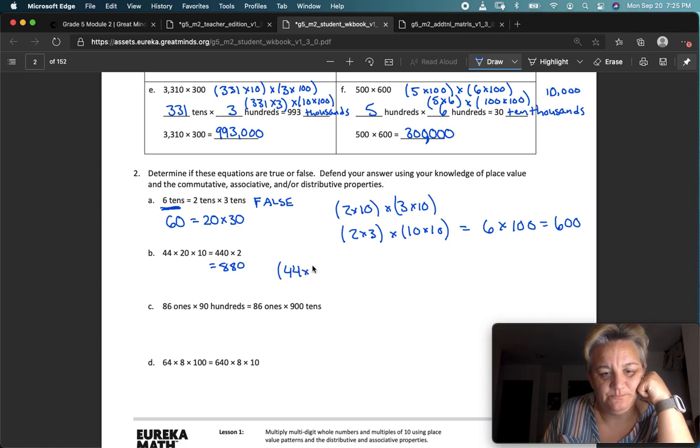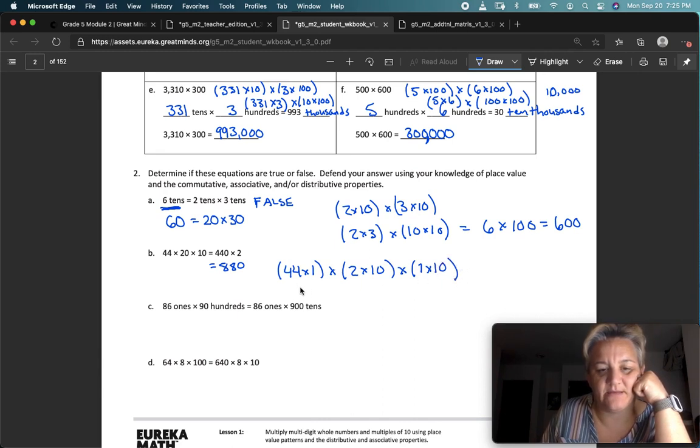44 times 1, because it's 44 ones, times 2 times 10 times 10 times 1, or 1 times 10, right? And that would make 44, and I can move that 2 over there and the 1 over there.